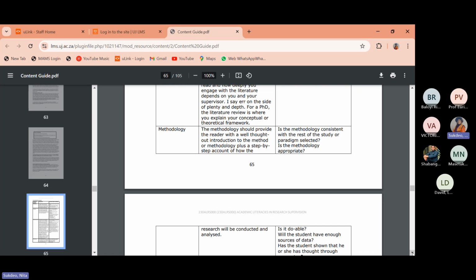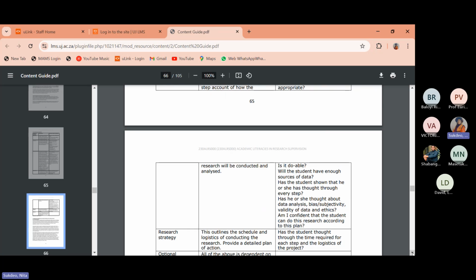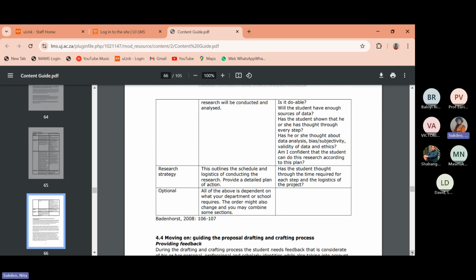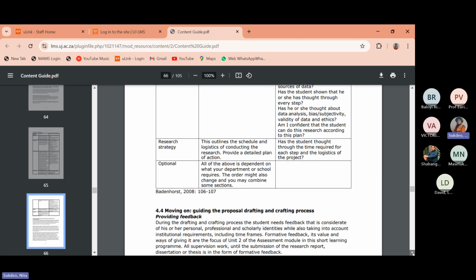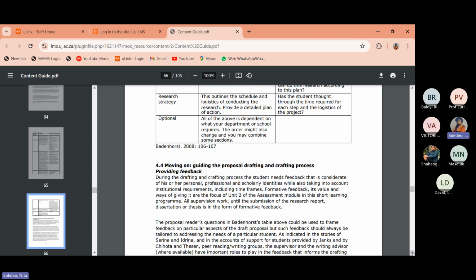A methodology and design, so the types of methods that you're going to use, data collection tools you're going to use in order to conduct and analyze the study. Your research strategy is a detailed outline of your plan of action in conducting the study, right? The logistics around you conducting the study.